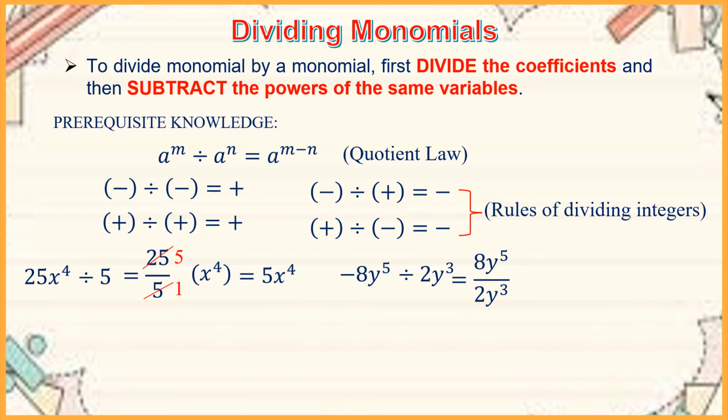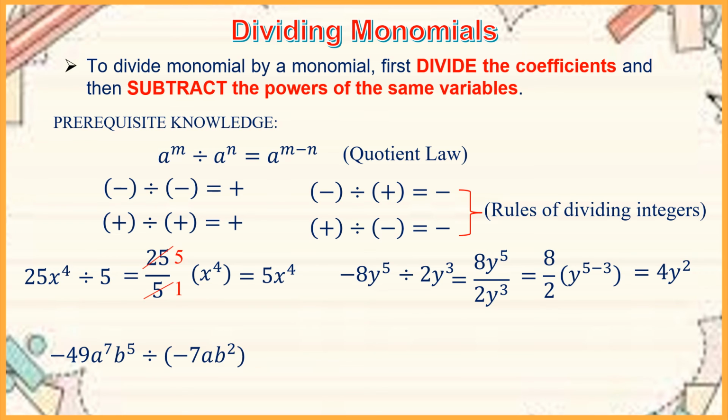So in here we have 8y to the fifth over 2y to the third. So sometimes we need to rewrite it. Now let us have 8 divided by 2. Then y raised to 5 minus 3. So 8 divided by 2 is equal to what? Correct. It is equal to 4. So we have 4y to the third.